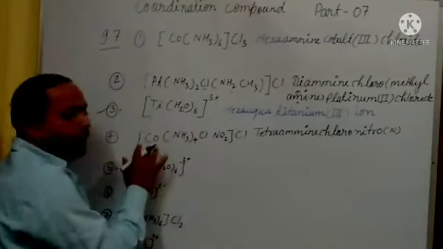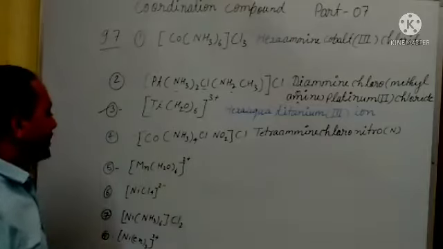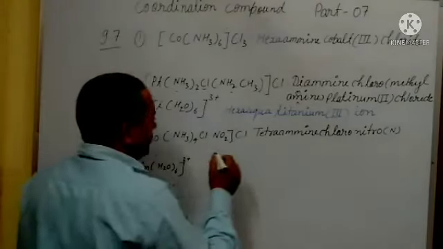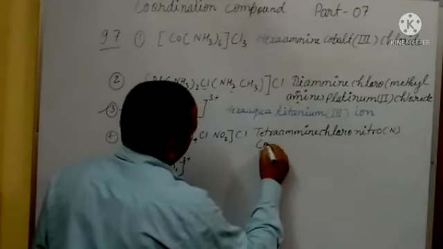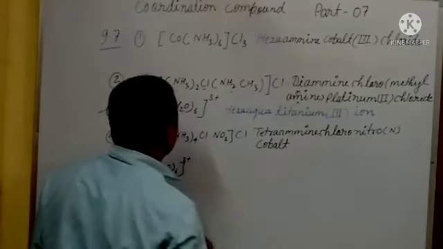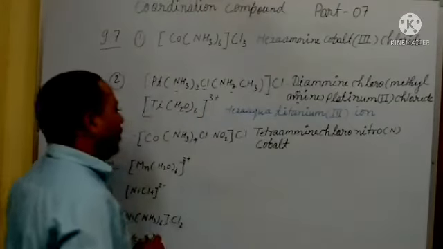Then we will write the name of the central metal atom. The central metal atom is cobalt, so we will write cobalt, and then the oxidation state.